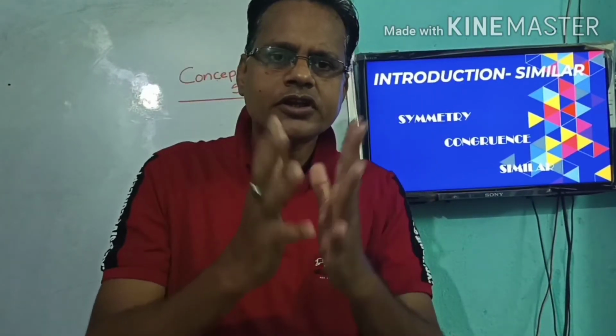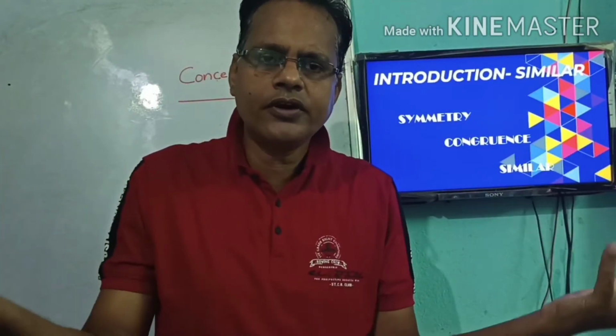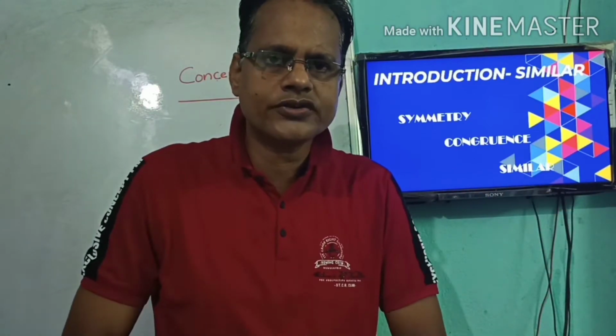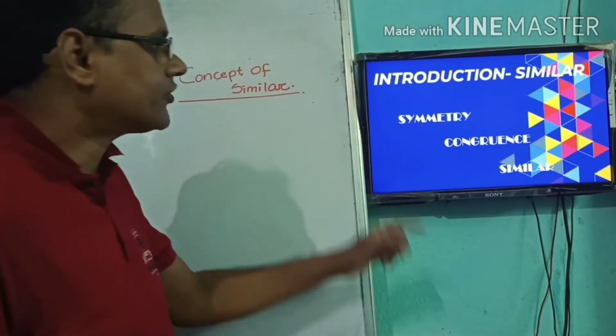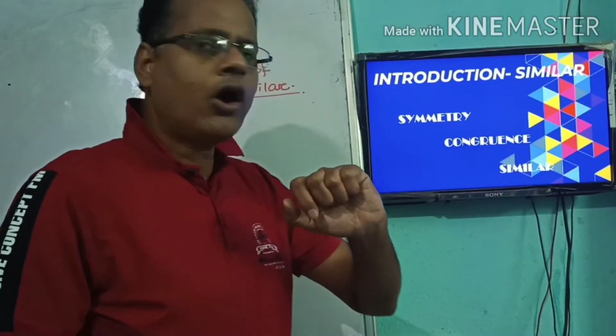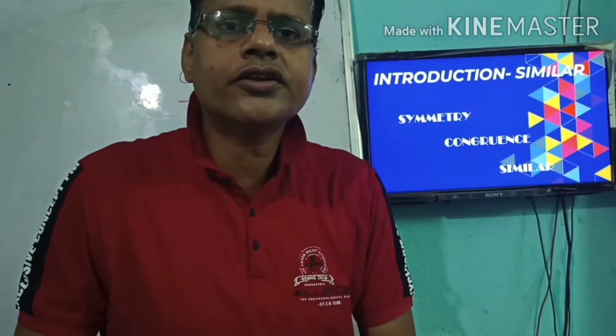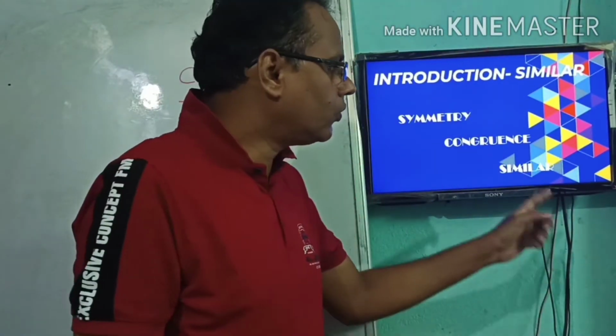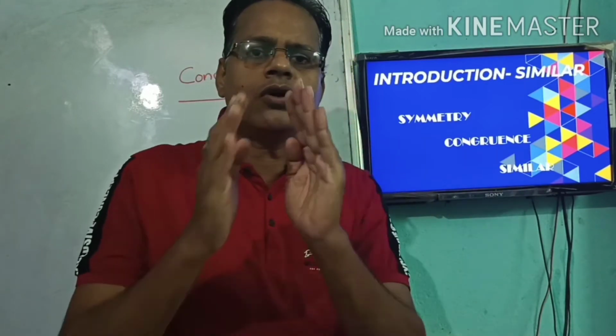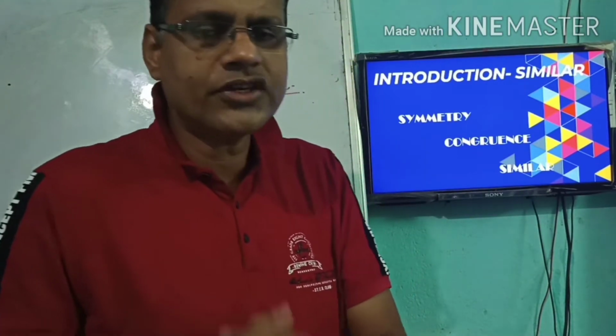And in the previous class you know very well the different criteria for congruence. Now here in class 10, under the chapter Triangle, we will learn the new concept that is called similar.